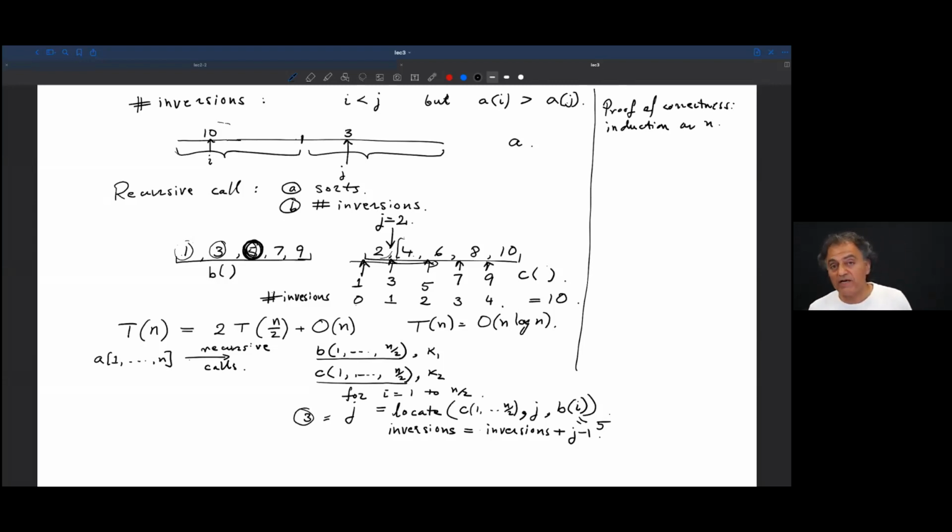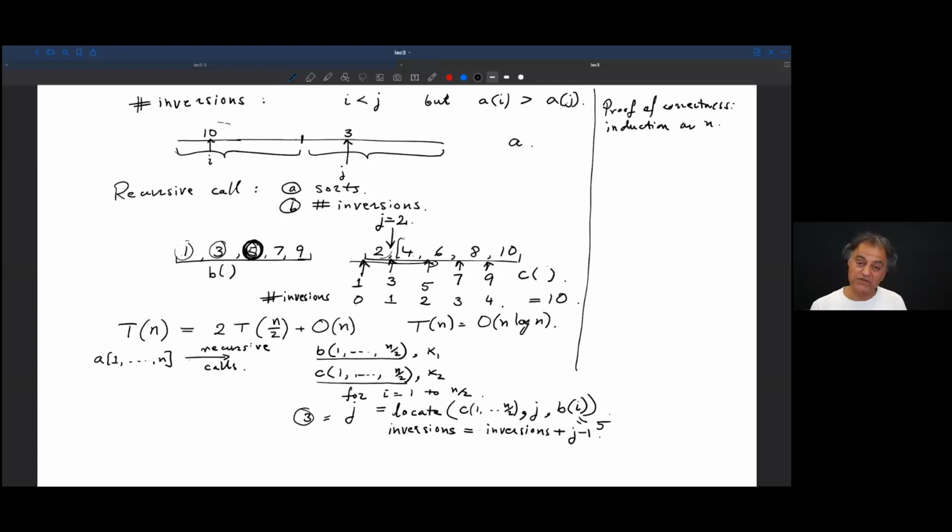And what would you prove by induction on n? There are two things we are proving about this algorithm: one, that it sorts, two, that it computes the number of inversions. Why does it sort? Because it sorts each half by the induction hypothesis, and second, because merge works.